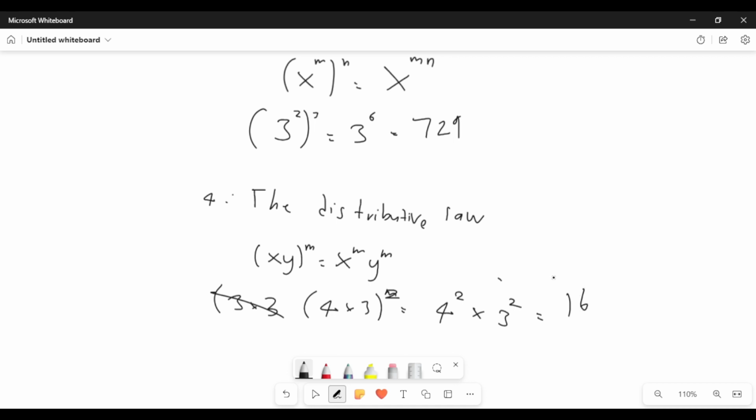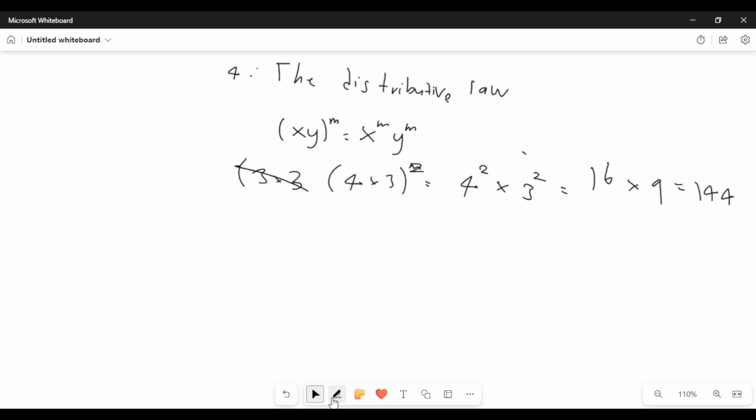And 3 squared, we get 9. So 16 times 9 is 144. So these are all very straightforward. You can also solve the inner bracket first and then raise to the power. 4 times 3 is 12, and then 12 squared is 144. It is a similar thing.